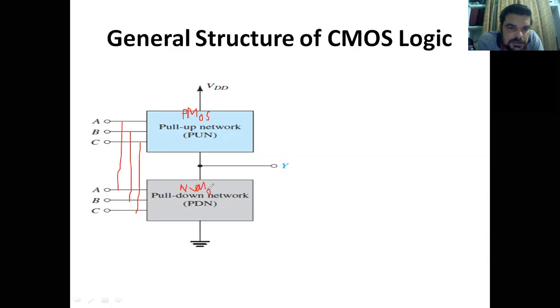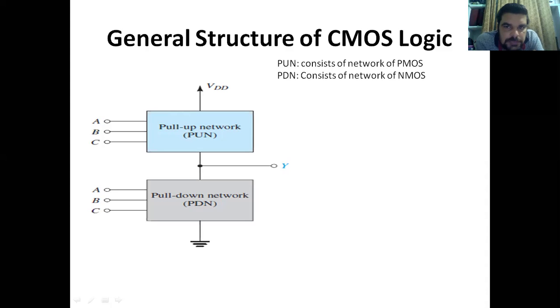So this is the network of NMOS transistors, and this is the network of PMOS transistors. Let us understand it in detail. The pull-up network consists of PMOS transistors, and the pull-down network consists of NMOS transistors.